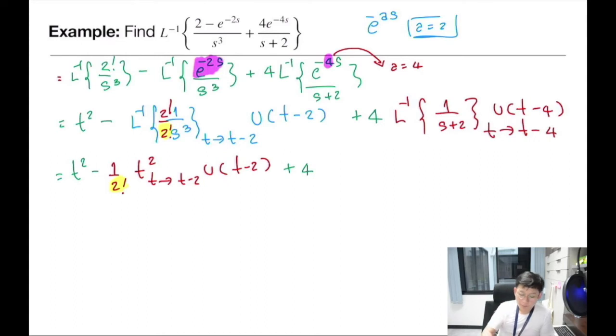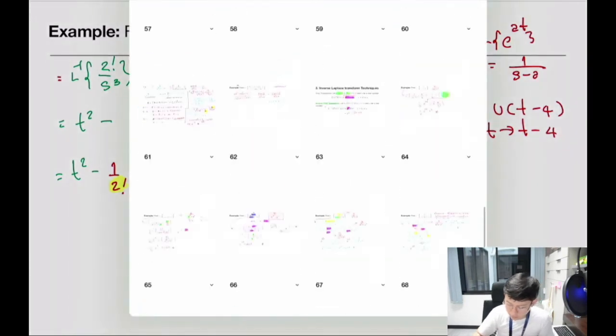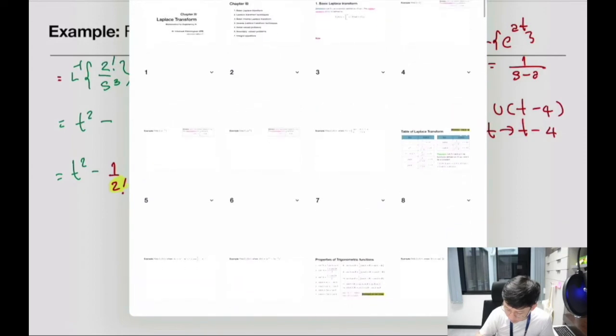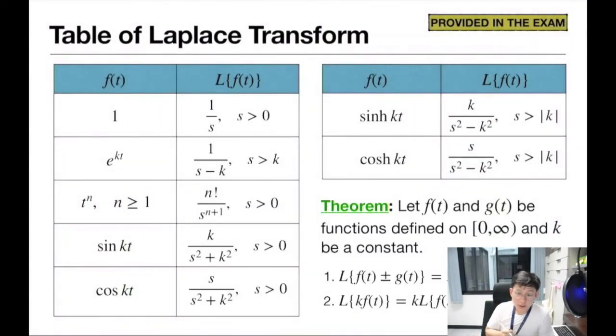Guys, if you remember, if you take the Laplace transform of e to the at, that would be 1 over s minus a. If you don't remember, we can go back to the formula, but you should have it with you when you are watching this video.